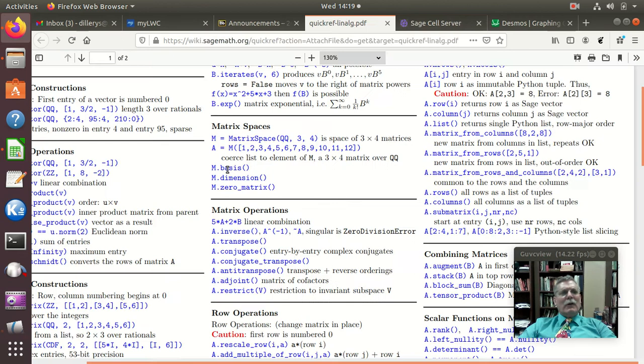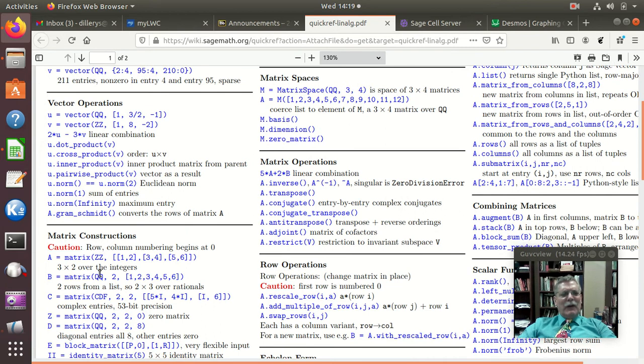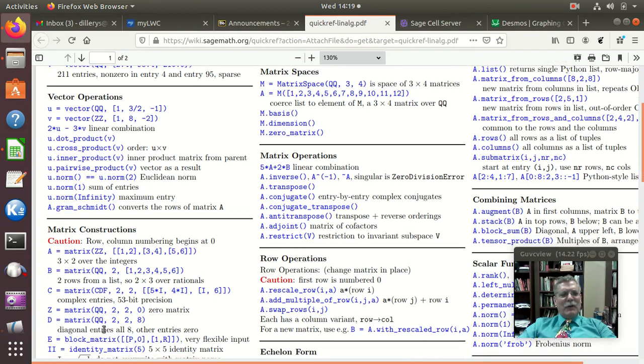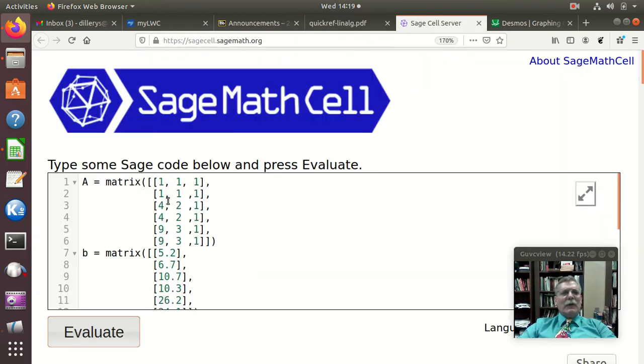If you go back here and look at construction, they use things like ZZ, QQ, CDF, here's QQ. Those are the different fields, so like the integers, rationals, complex numbers, that kind of thing. So we can try this two different ways.